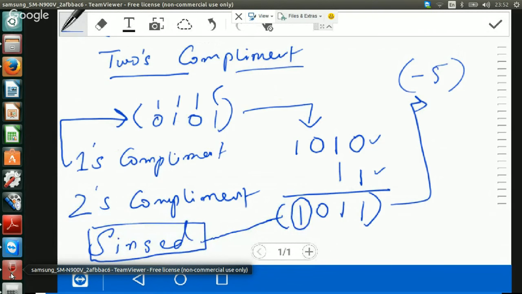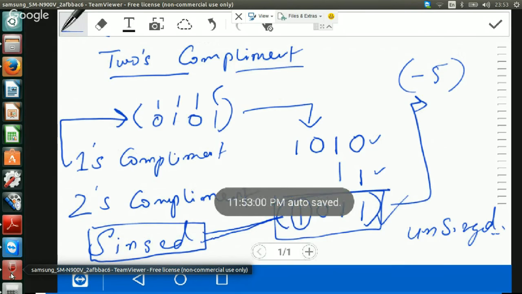If they say unsigned, it doesn't matter whether it starts with 1 or 0; it will always give you a positive number. But if they say the computer is using signed numbers and the leftmost bit is 1, it's confirmed that this number is negative. So now you represent this number as a negative number. All right.